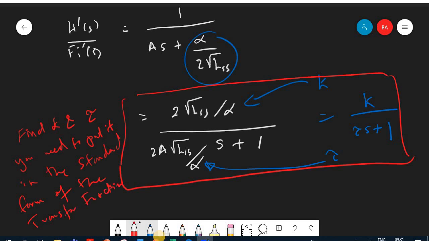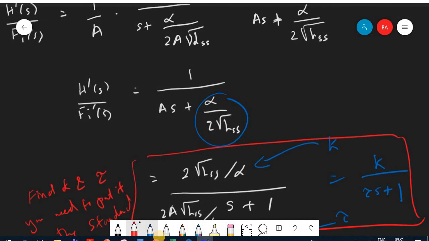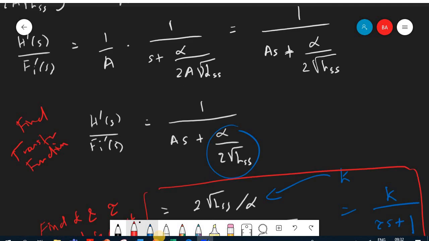However, if it did not ask for the standard form, just to find the transfer function, it's enough to stop at this step. You don't need to put it in the standard form, because this is a transfer function as well. Both of them are fine to work with.